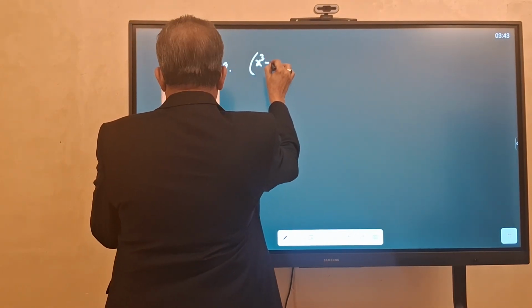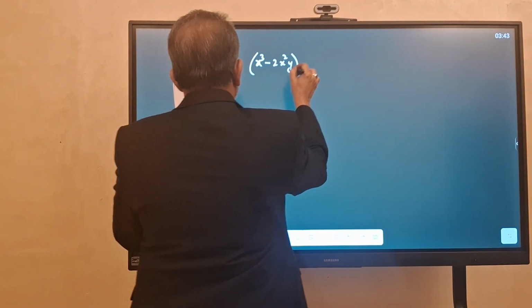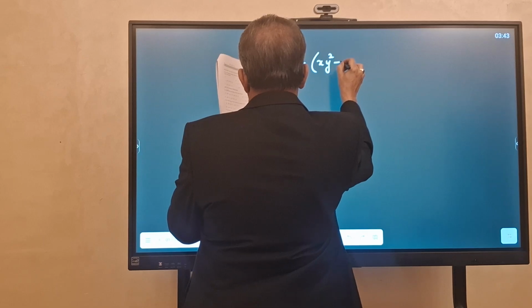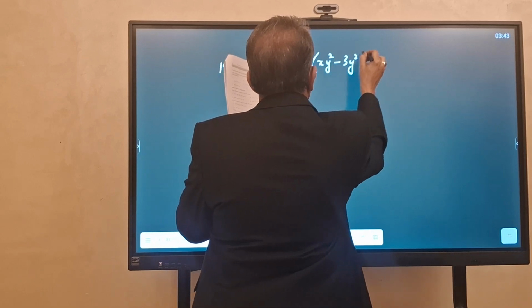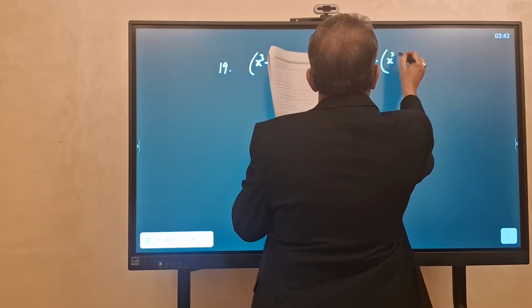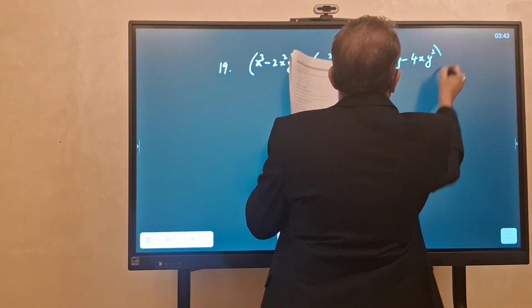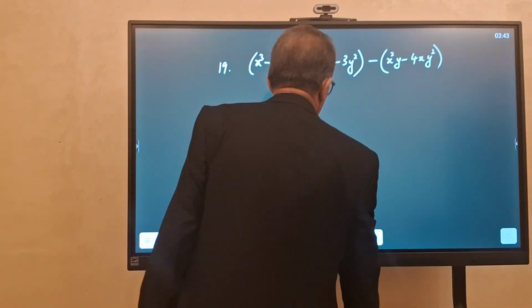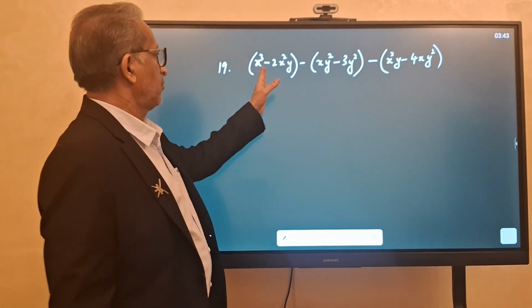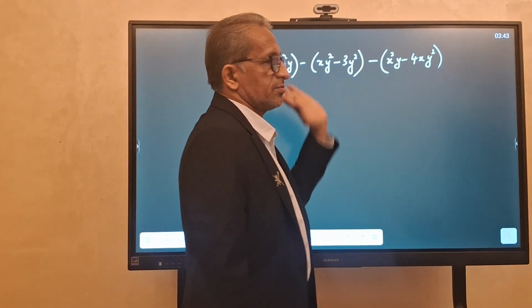X cube minus 2x square y minus xy square minus 3y square, minus x square y minus 4xy square. So this is question number 19. So we have 3 polynomials, 1, 2, 3. First 2 subtract, the third also subtract, no issue.